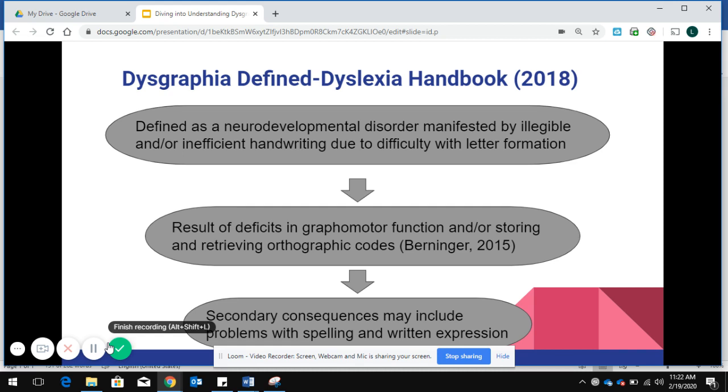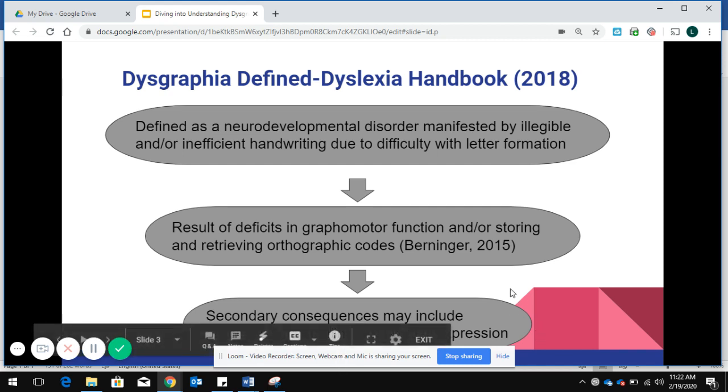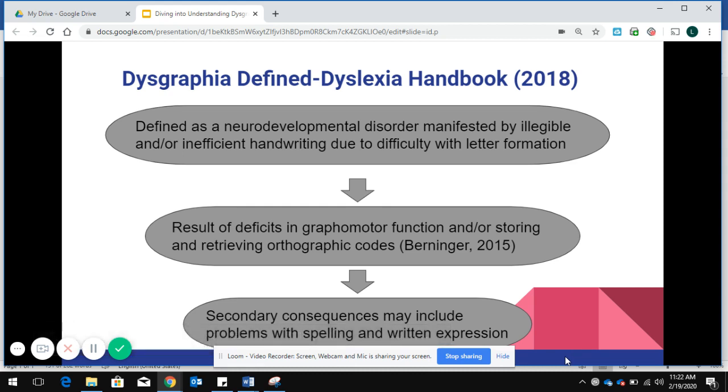Dysgraphia is defined as a neurodevelopmental disorder manifested by illegible and/or inefficient handwriting due to difficulty with letter formation. It is the result of deficits in graphomotor function and/or storing and retrieving orthographic codes. Secondary consequences may include problems with spelling and written expression.